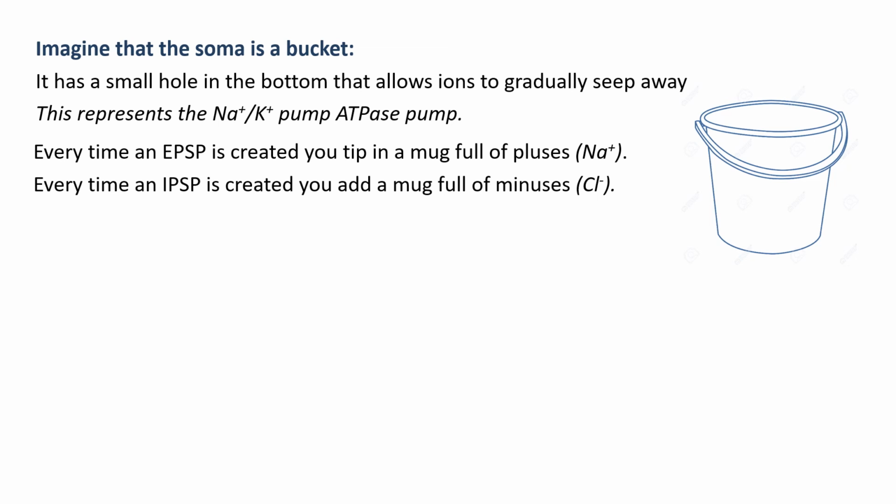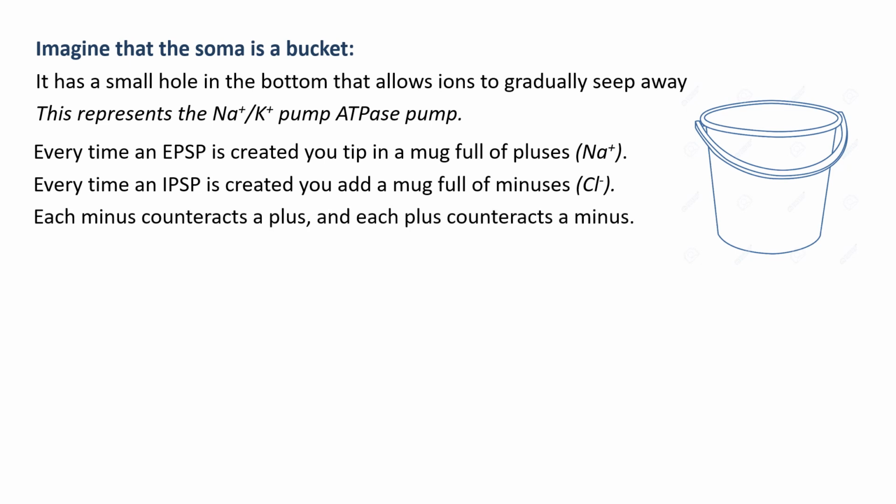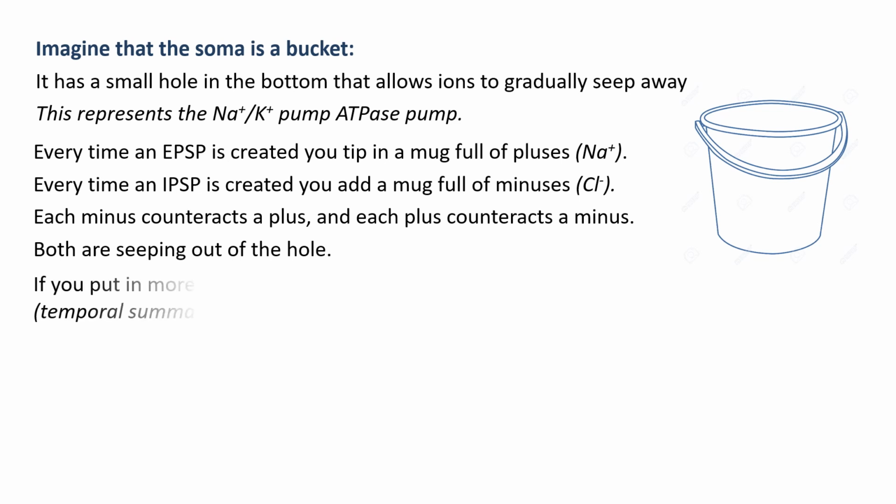Every time an IPSP is created, you add a mug full of minuses, say for example chlorine. Each minus counteracts a plus, and each plus counteracts a minus. Both of them at the same time are seeping out of the hole.